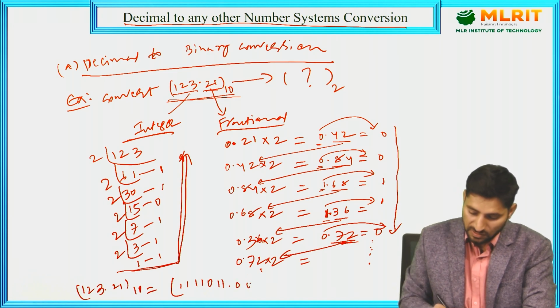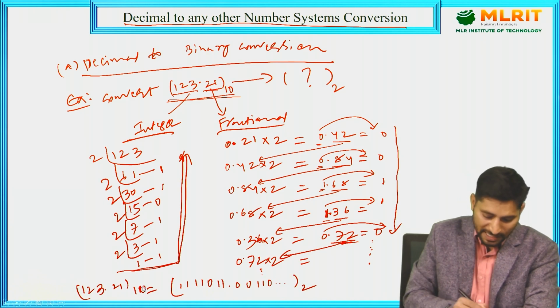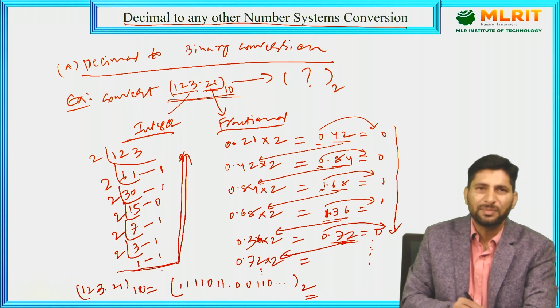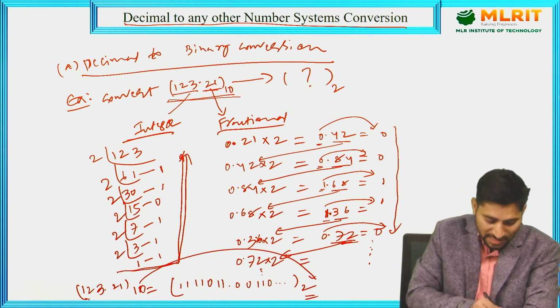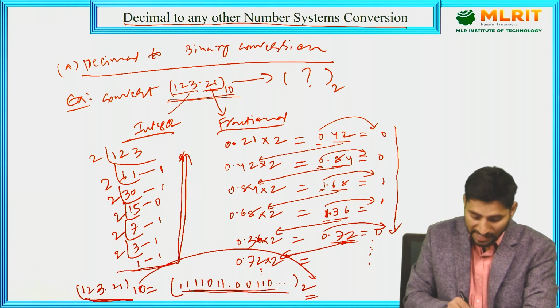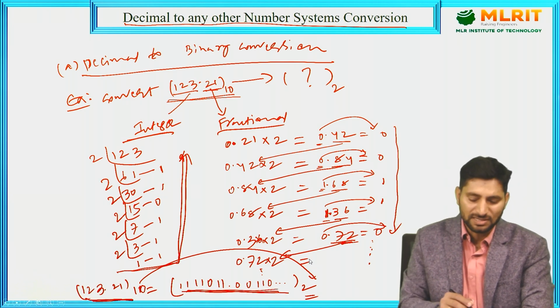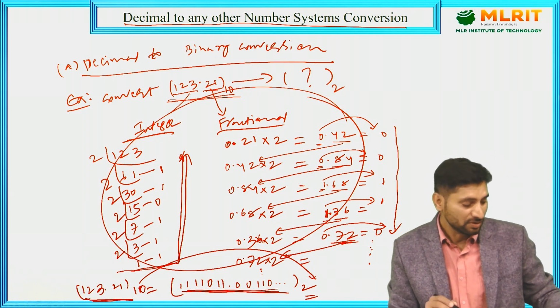So 00110 and keep on moving, right? So it is a decimal quantity. So now the number is converted from decimal to binary. So this is the decimal number and this is the binary number. So this is the process I need to follow to convert from decimal to binary.